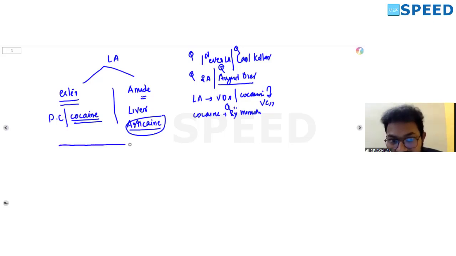So this is about the metabolism of ester local anesthetic agents and amide local anesthetic agents. What is the second point? The second point that we have to understand about ester and amide local anesthetic agents is regarding the end product of metabolism.